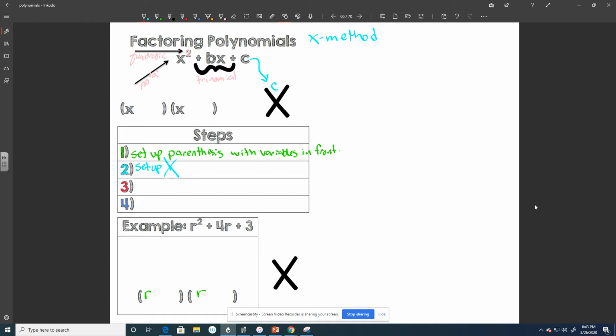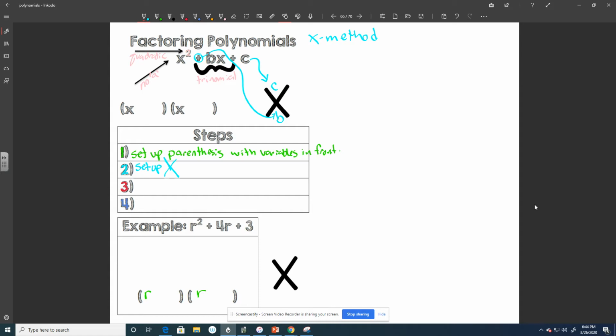And I'm going to take my b value, and I'm going to put my b value here on the bottom. So whatever c is goes on top, whatever b is, and be careful that you include that sign in front of it, in case it's a negative. Whatever those values are, you put them in the top and the bottom.